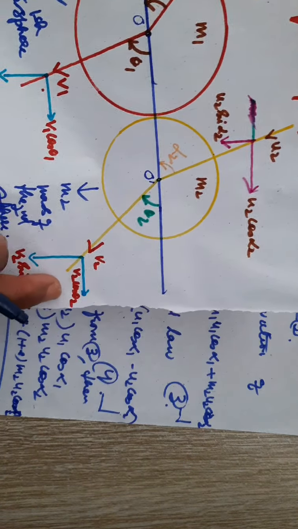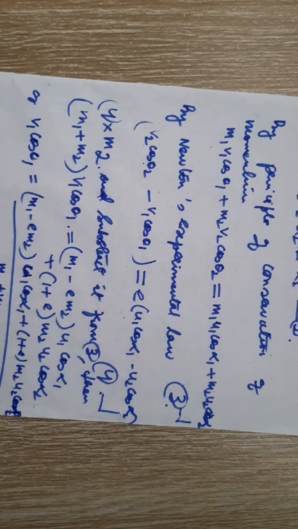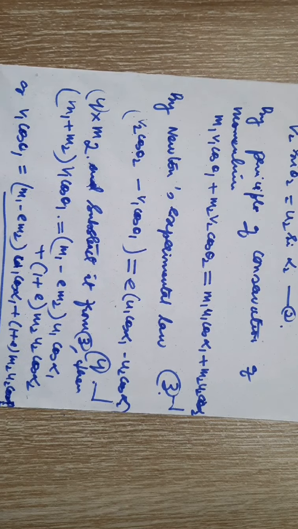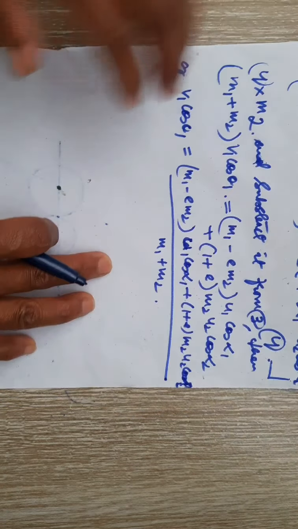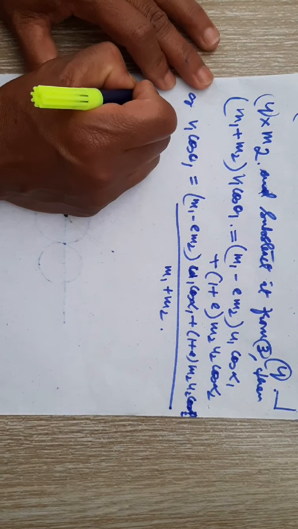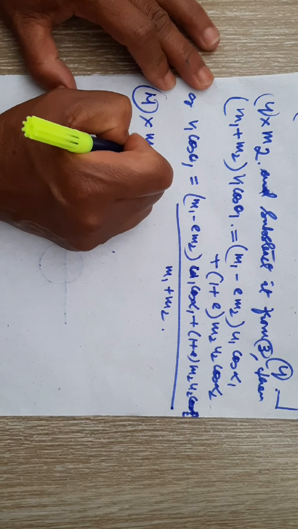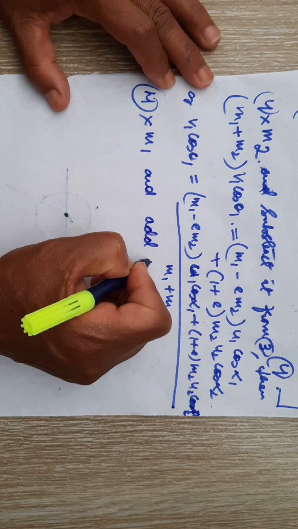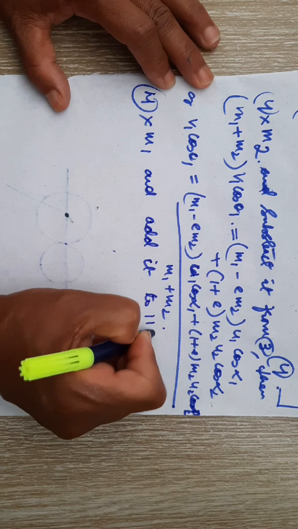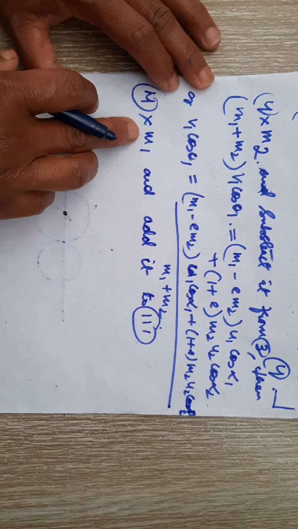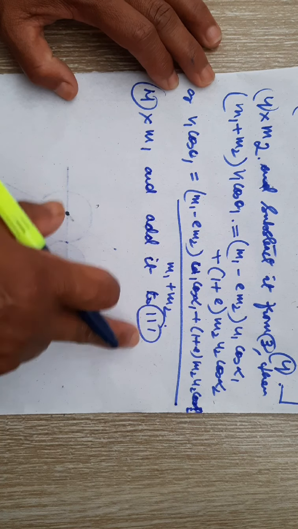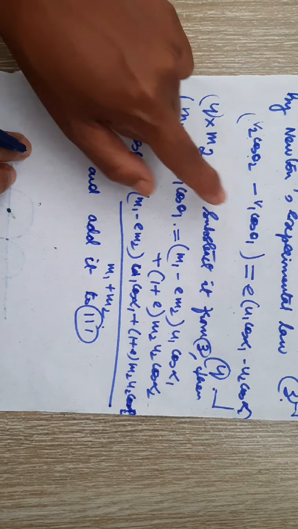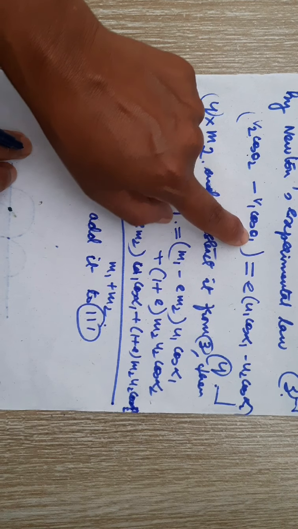So what about the second sphere? What will be v2 cos theta 2 in terms of u1 cos alpha 1 and u2 cos alpha 2? For this one, you multiply equation 4 by m1 and then add it to equation 3. On adding, m1 v1 cos theta 1 and m1 v1 cos theta 1 will be cancelled.